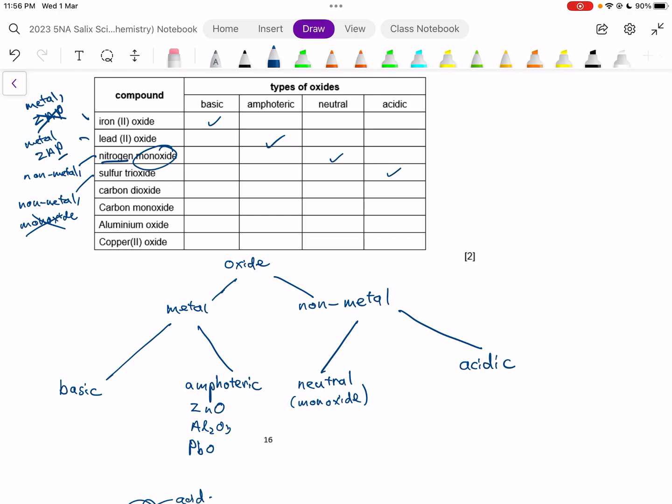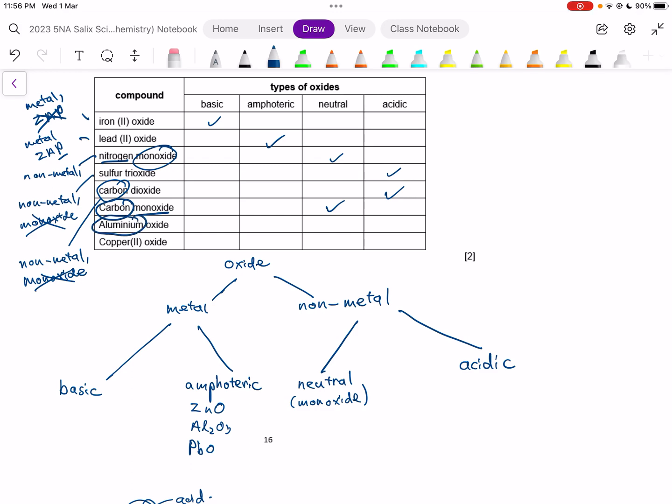Next one, same thing: non-metal, also not a monoxide, so this one is also acidic. Then again, non-metal but a monoxide, so this one is neutral.